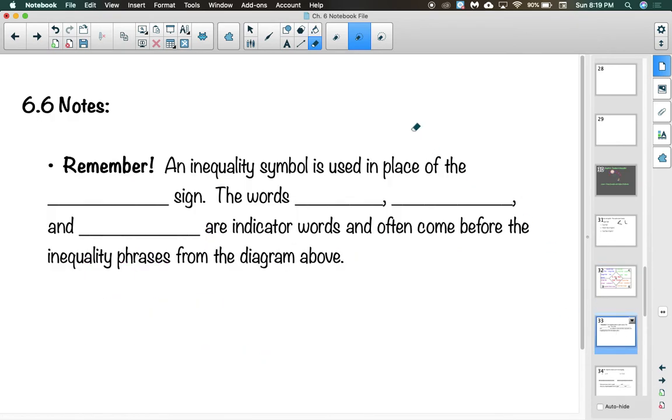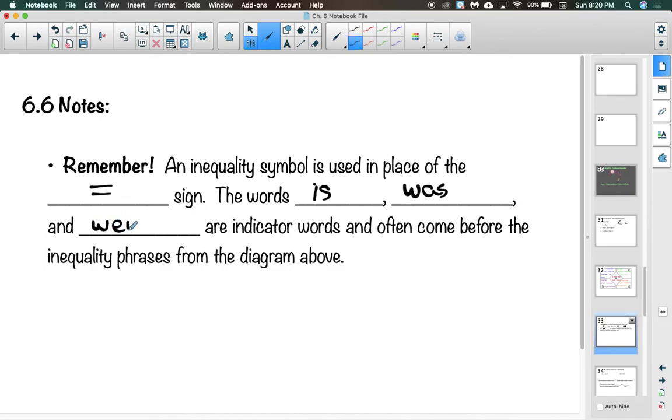Okay, a couple notes for us here. Remember, an inequality symbol is used in place of the equal sign. Okay, in place of the equal sign. So that's very, very important. Words like is, was, and were, they are called indicator words.